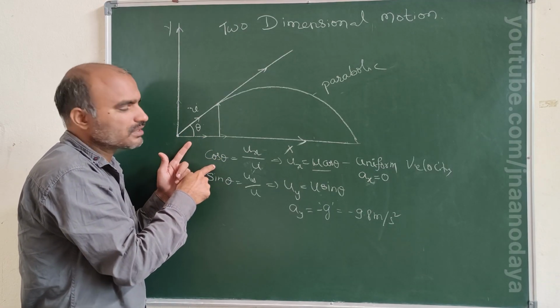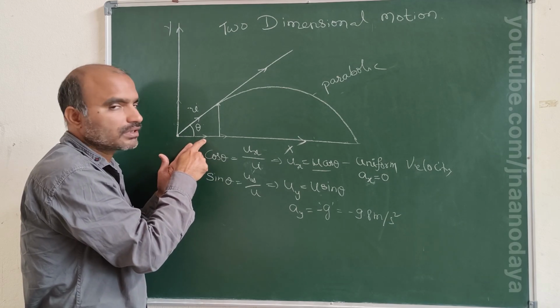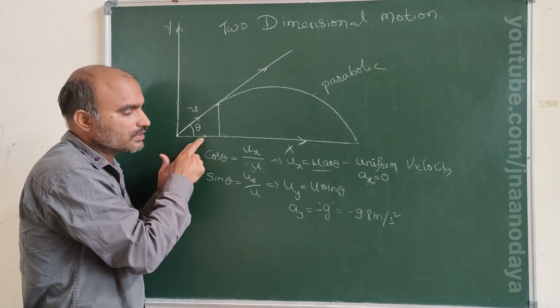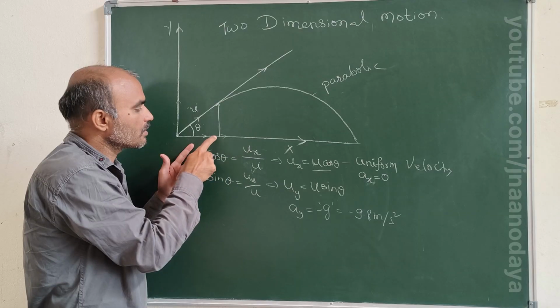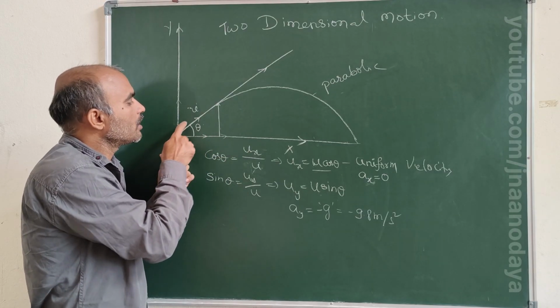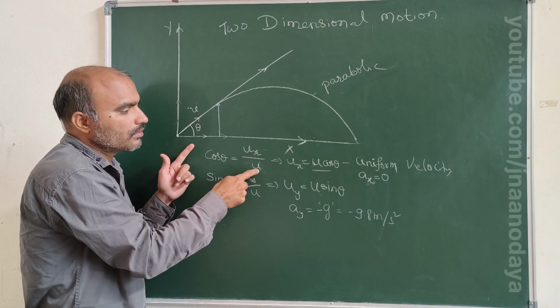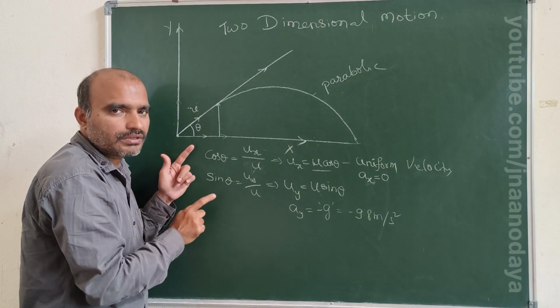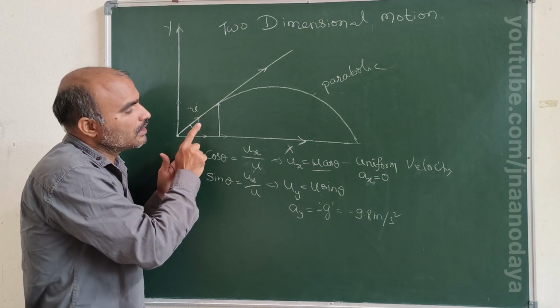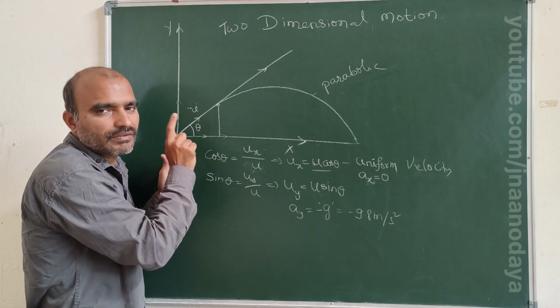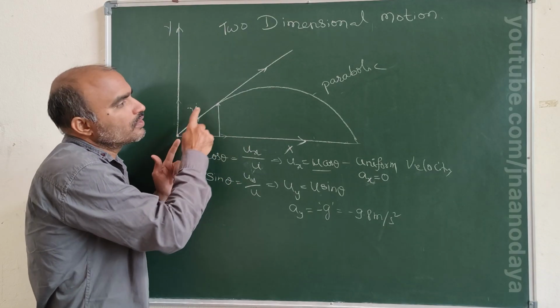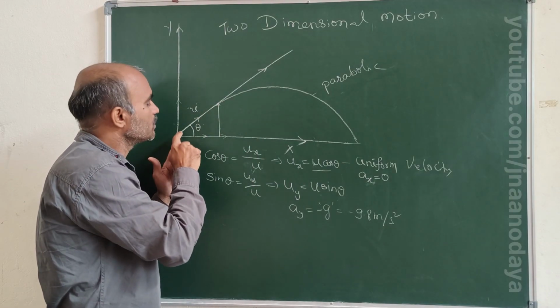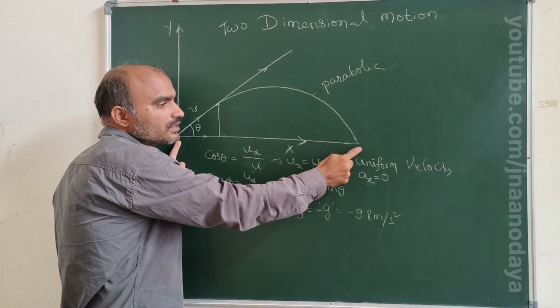Here cos theta is equal to adjacent side over hypotenuse. The adjacent side is the horizontal component of velocity, let us write it as ux, and the hypotenuse is u. So ux, the horizontal component of velocity, becomes u cos theta. Remember that scientists proved that in the horizontal direction the velocity of the object will never change during the entire path, from the initial point to the final when it reaches the ground again.